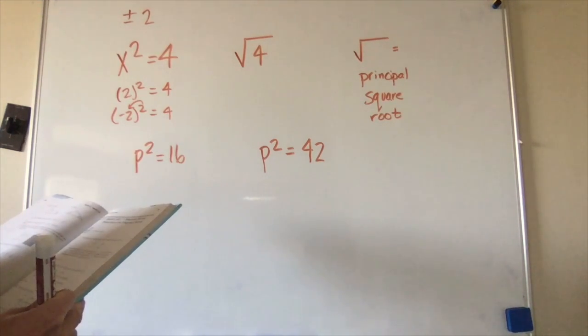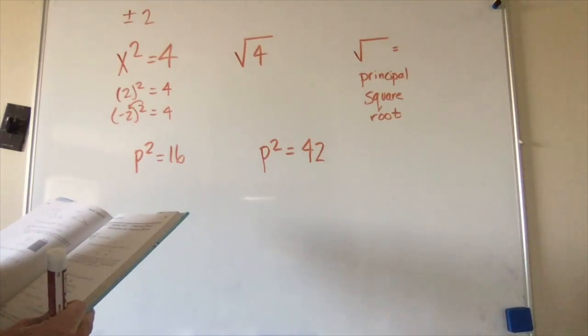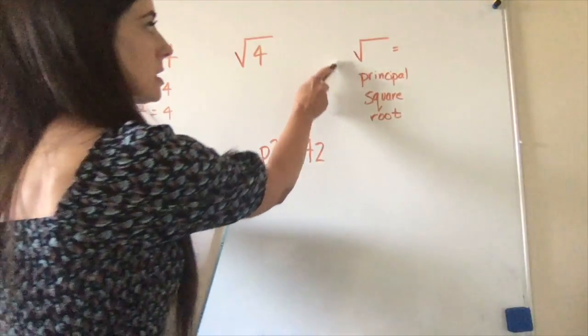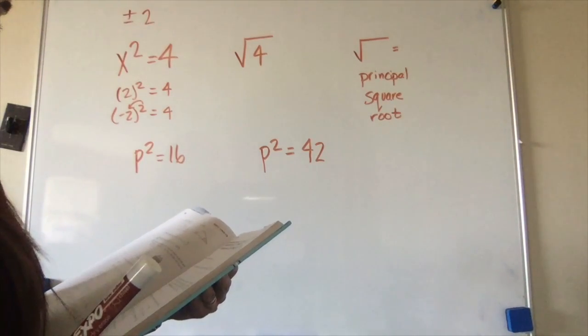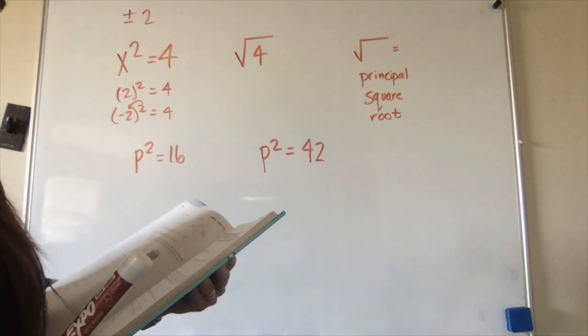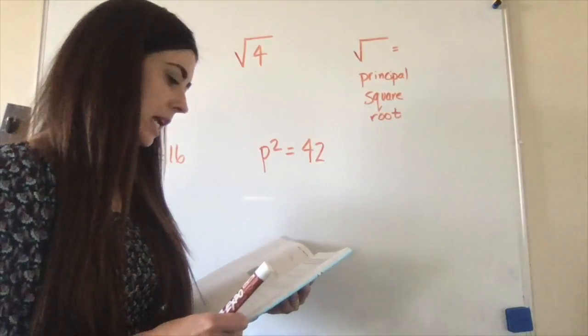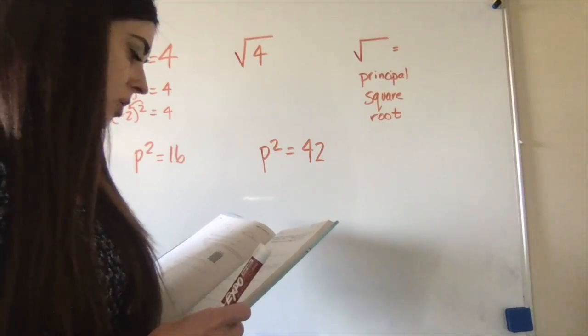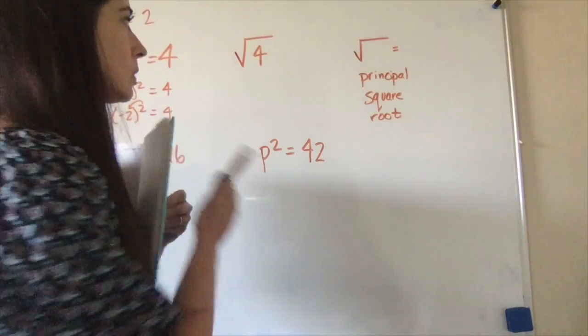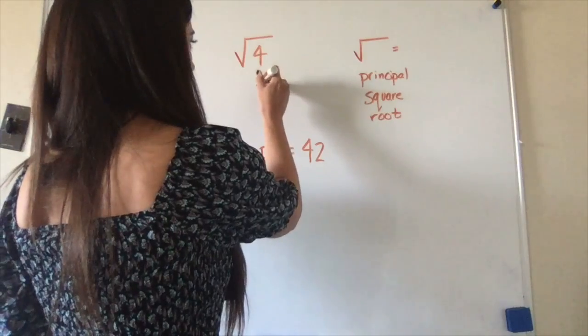It says in here that it's important to note that when we use this radical symbol, it indicates that it can only be a positive or principal square root. So the square root of 4 can only be positive 2.